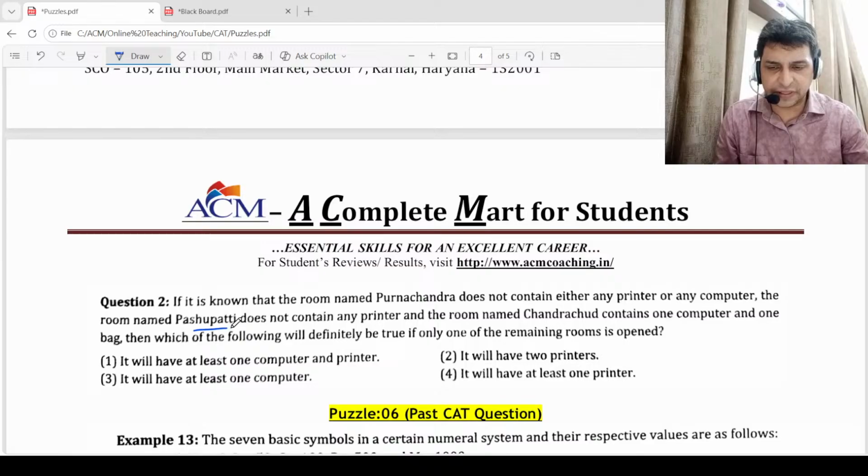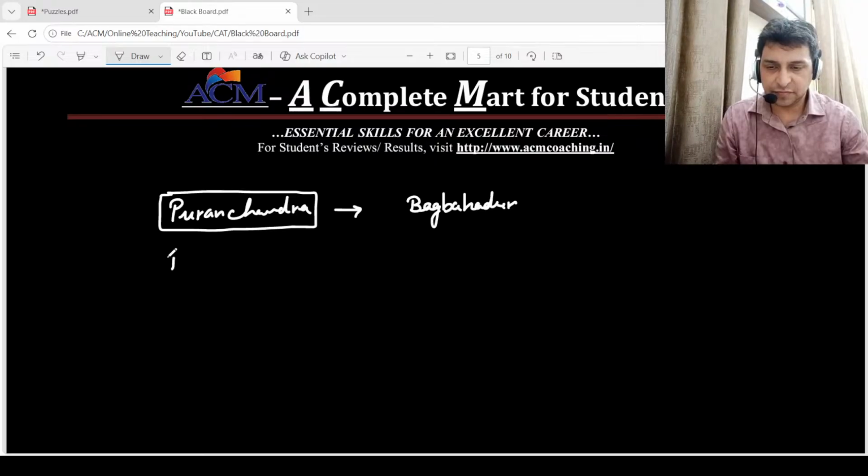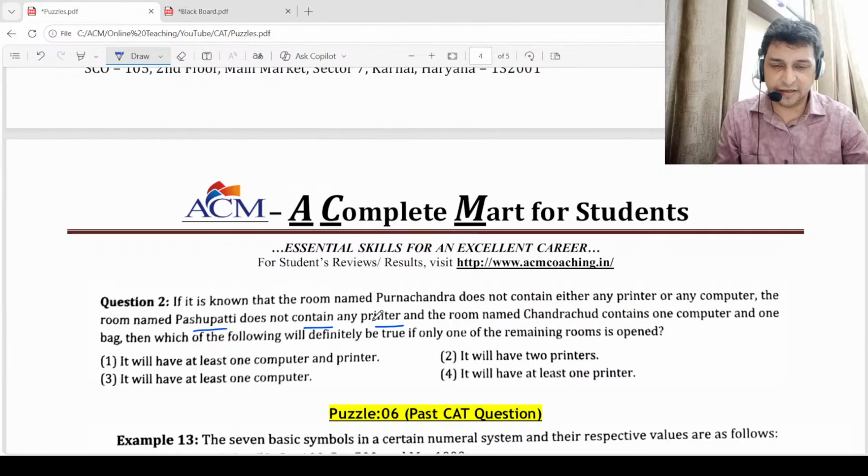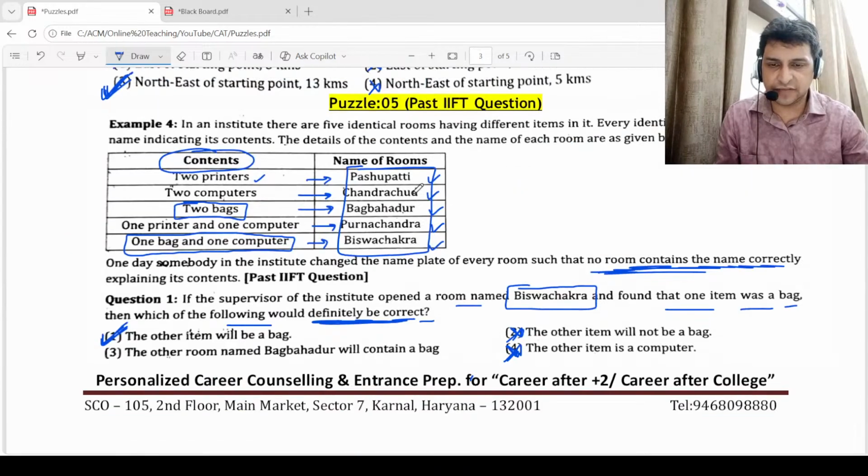The room named Pushpapati does not contain any printer. Now Pushpapati, the nameplate is, that is a nameplate, and it does not contain any printer. So printer is available in Pushpati, Pashupati.